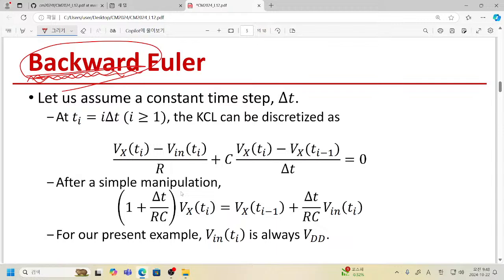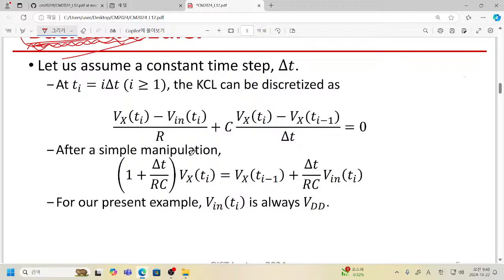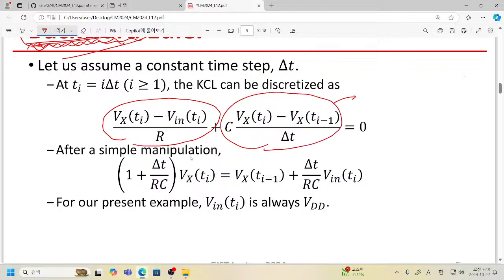So now, if we adopt this backward Euler scheme, then of course, as I did, we can do it this way. This corresponds to the time derivative, C times dV over dt, and please note that here we have time steps t sub i and t sub i minus 1.